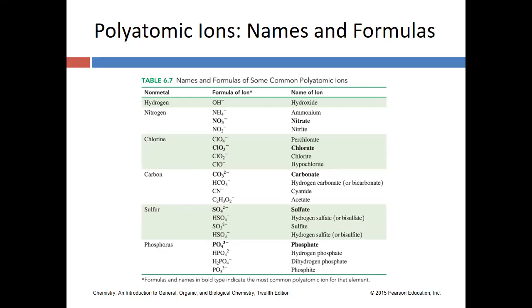And as far as charges are concerned, yes, there are a variety of mixed charges up there. But when it comes to handling the formulas, we do the exact same thing. It's a matter of charge balance. So that means we can crisscross them if they're different. We can match them up if they are the same. It falls into a very familiar pattern.